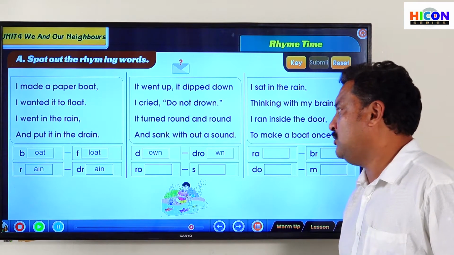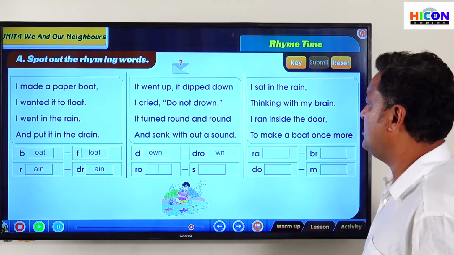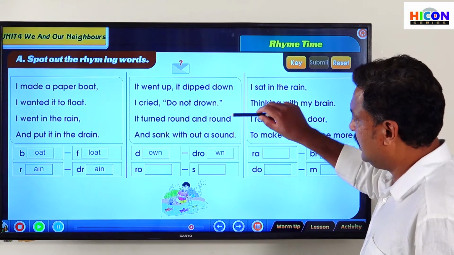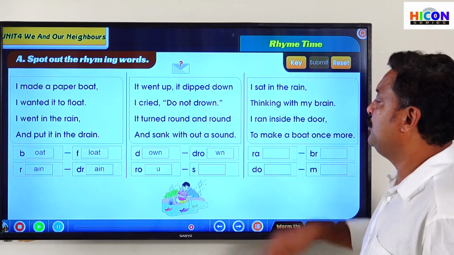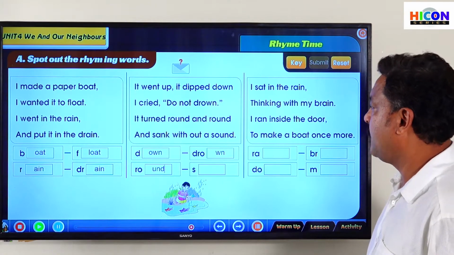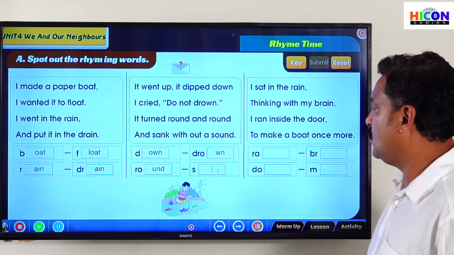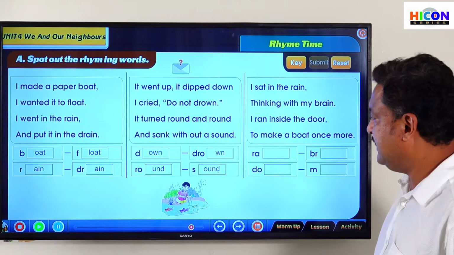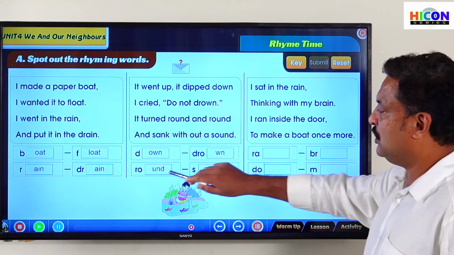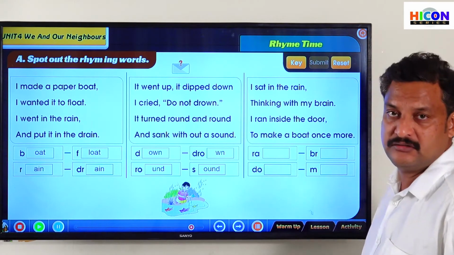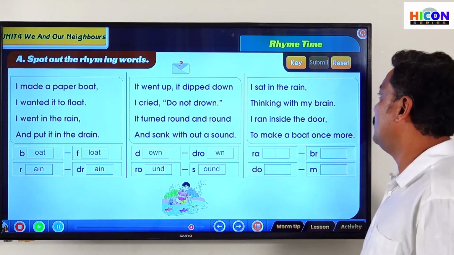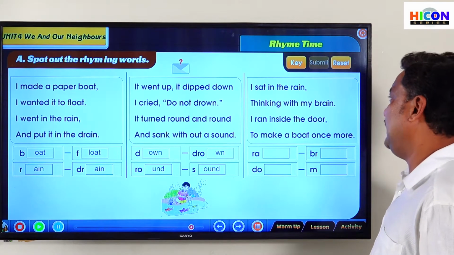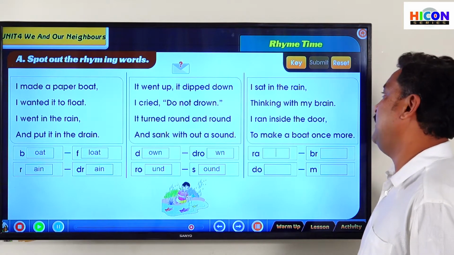It turned round and sank without a sound. Round, sound, isn't it? R-O-U-N-D. Yes, O-U-N-D. Right? So round, sound. It also rhymes, isn't it? Now, I sat in the rain thinking with my brain.